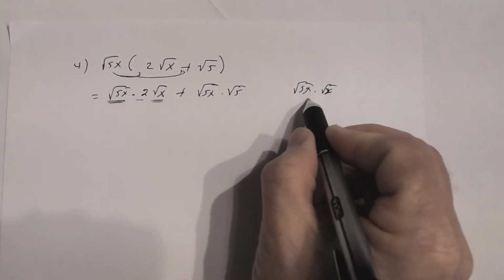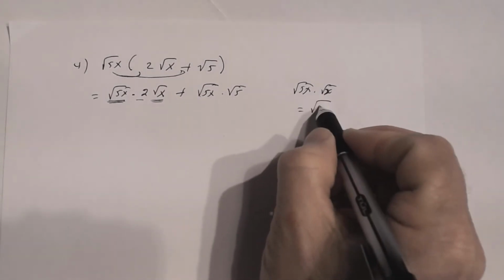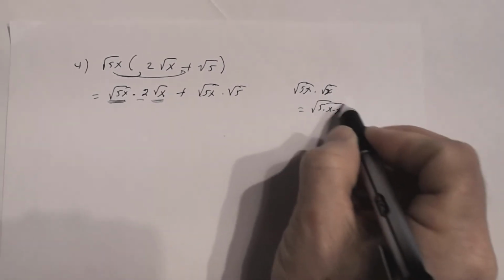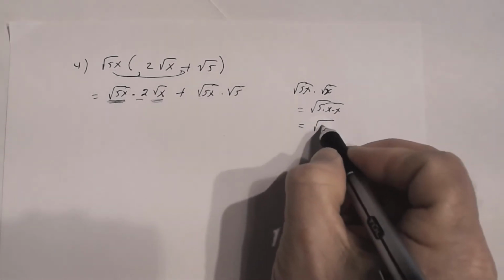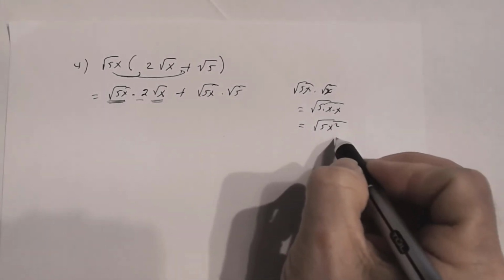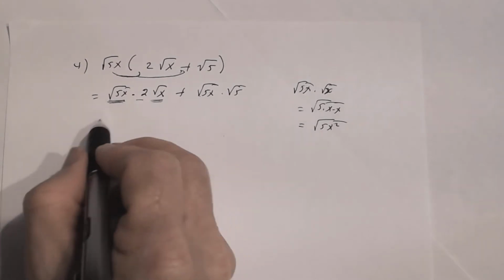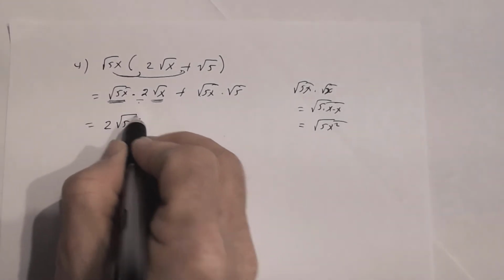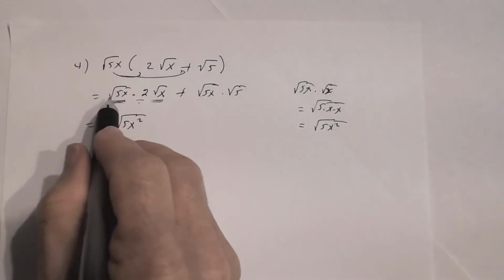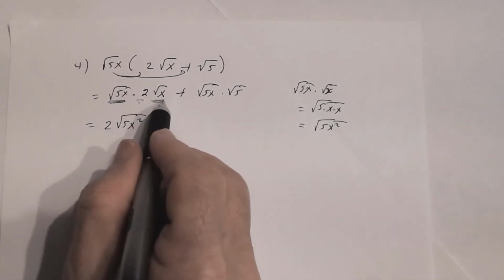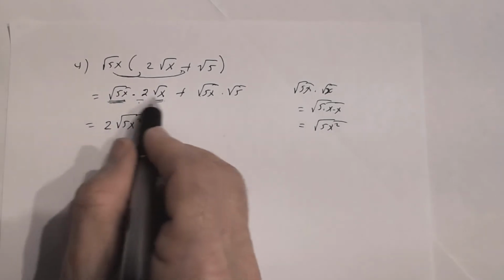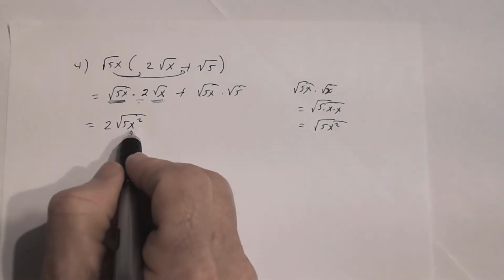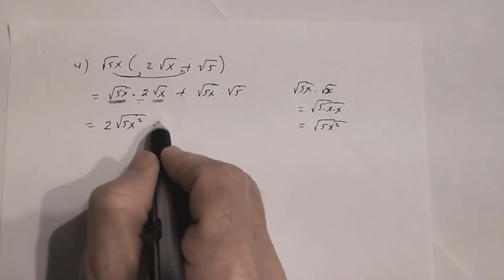So do y'all agree that's going to be the square root of 5 times x, which is the square root of 5x squared, okay? So I'm going to put that here. So it's going to be 2 square root of 5x squared, okay? So all I'm doing is using a product rule to write these 2 products with the square roots as 1 square root, okay? Plus, and then go here.